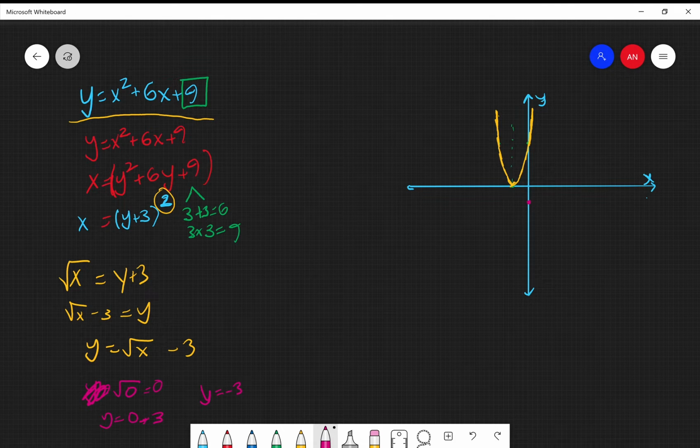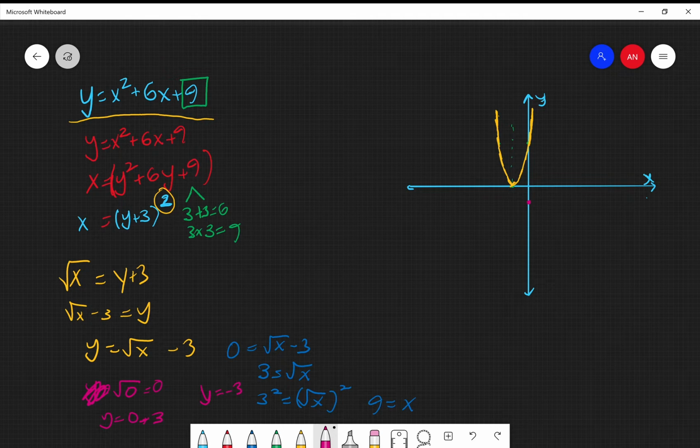So now let's solve for the x-intercept. For the x-intercept, all we have to do is put y as 0. So we can say 0 is equal to root x minus 3. 3 is equal to root x. So then 3 squared is equal to root x whole squared. So 9 is equal to x.